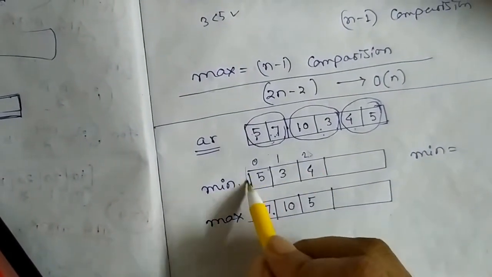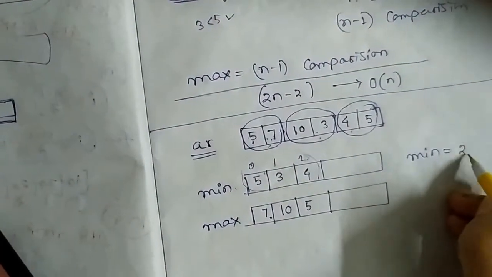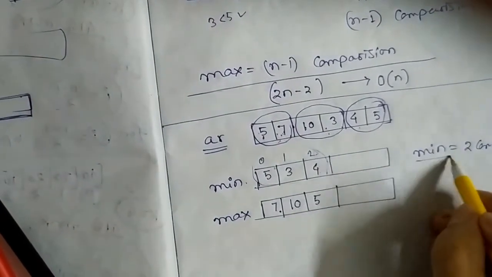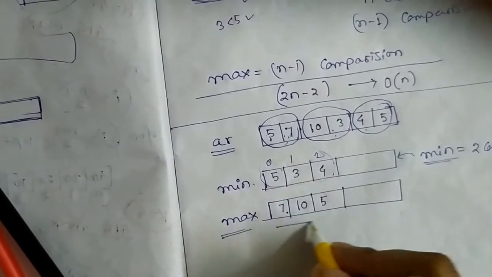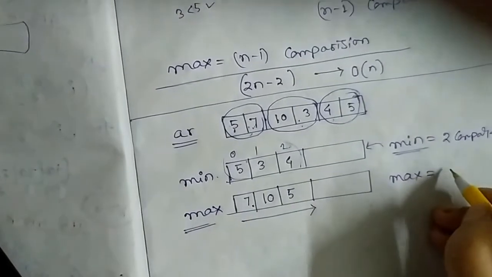Here there are 3 elements, that means after 2 comparisons I can find the minimum element among them, and after two comparisons I can find the maximum element among them.